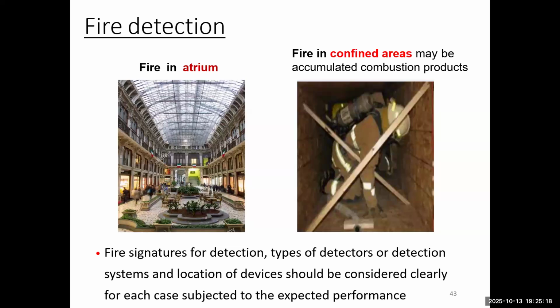A fire in a large atrium will behave like a free burning fire, whereas some fires in a confined room, such as our classroom, may produce toxic gases, creating a potential severe hazard. So our fire signatures of heat, smoke, light, and gases will decide the type and the location of the detector.